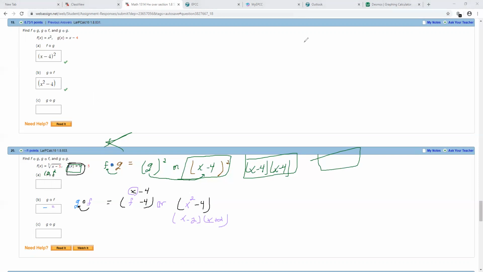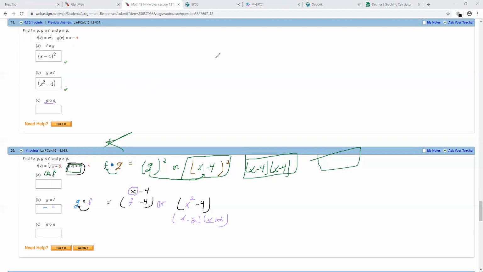So let's see. This looks strange. What does this mean, William? Put G into what? G. Yeah. So let's do that one.